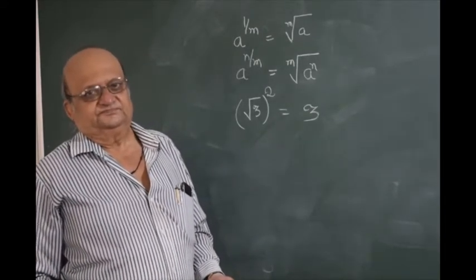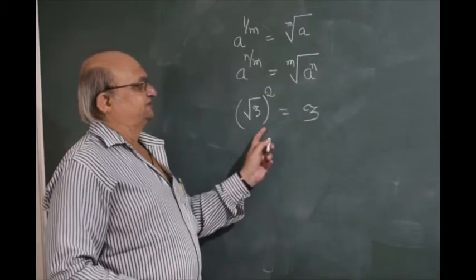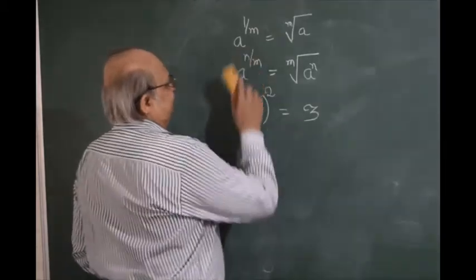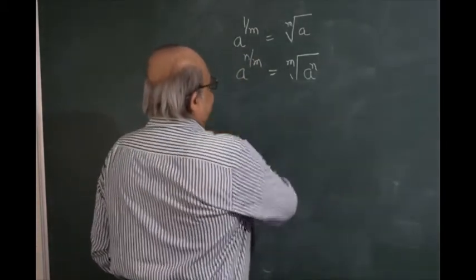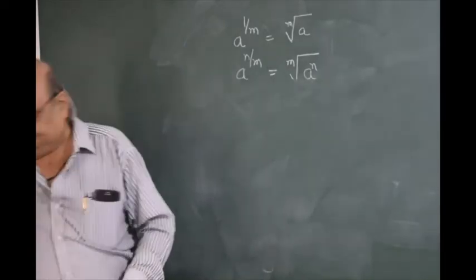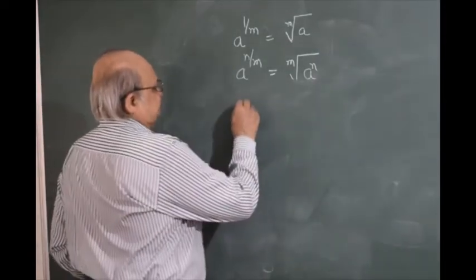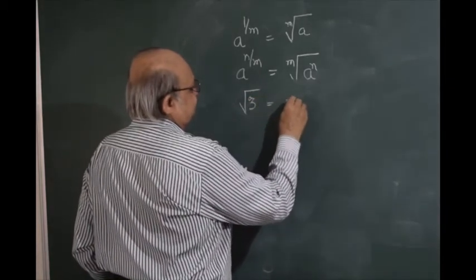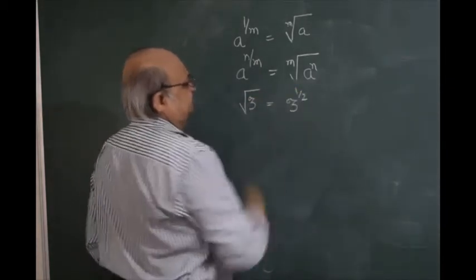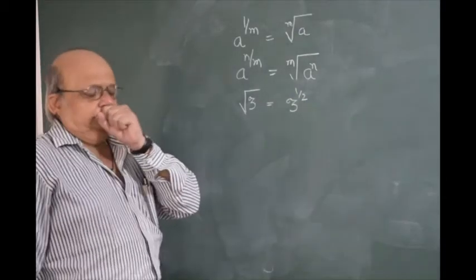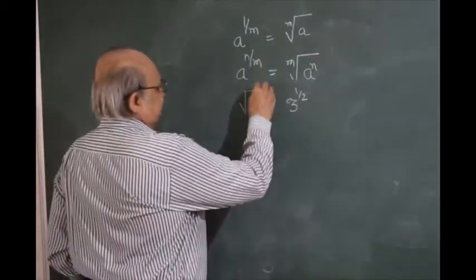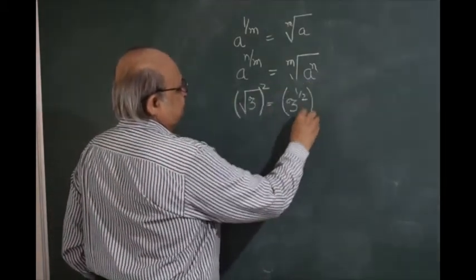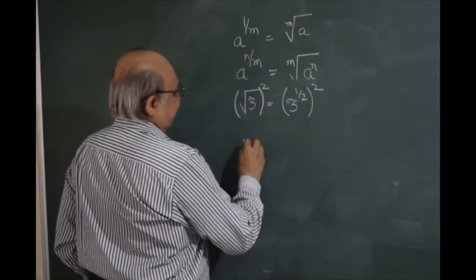Then how are we sure that root 3 squared is equal to 3? If we use these laws, square root of 3 can be written as 3 raised to 1 upon 2. We square this on both sides.